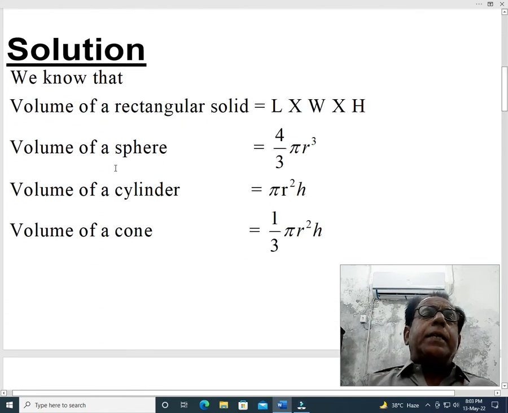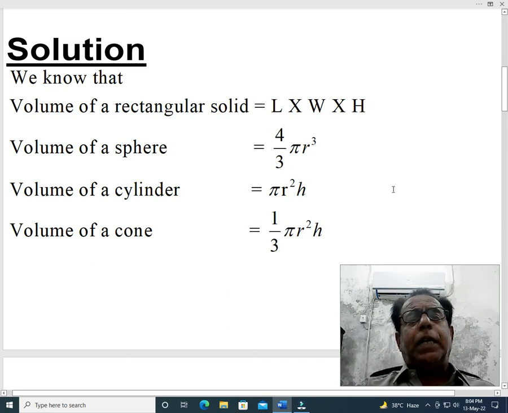Solution. Dear students, this part of the solution has been previously shown several times, okay? We know that the formula for calculating volume differs according to different geometrical shapes. So here we have shown the formula for calculating volume for four different geometrical shapes, okay?